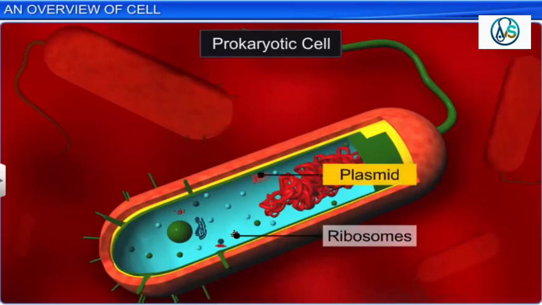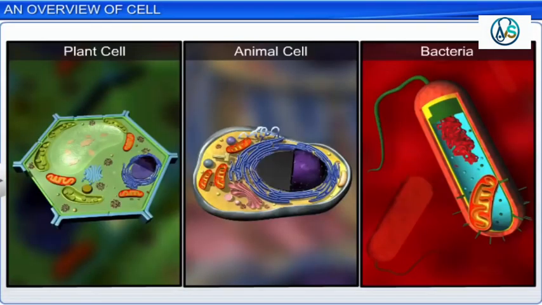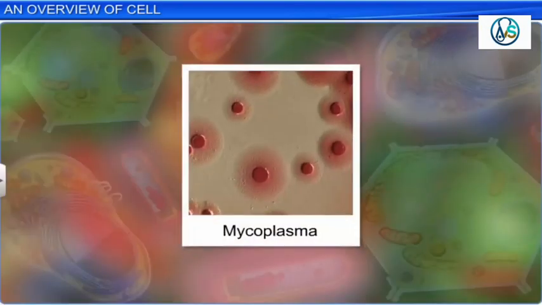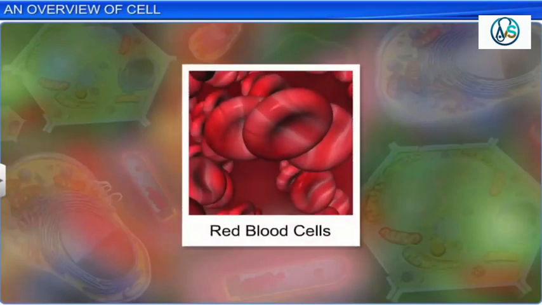Cells usually differ in size and shape. For instance, mycoplasma measure only 0.3 microns in length, whereas human red blood cells are about 7 microns in diameter and nerve cells measure around 4 to 100 microns.